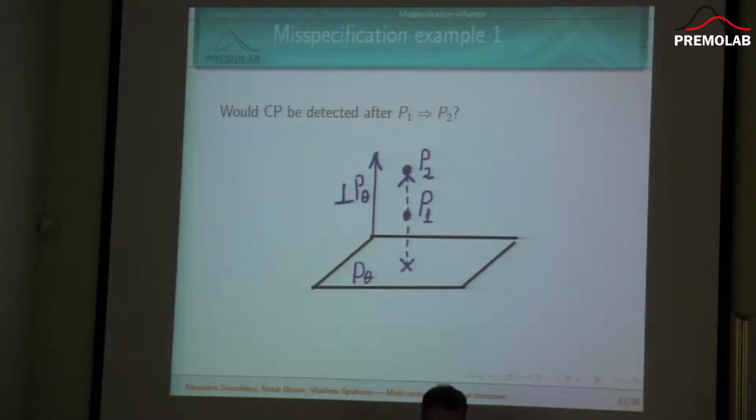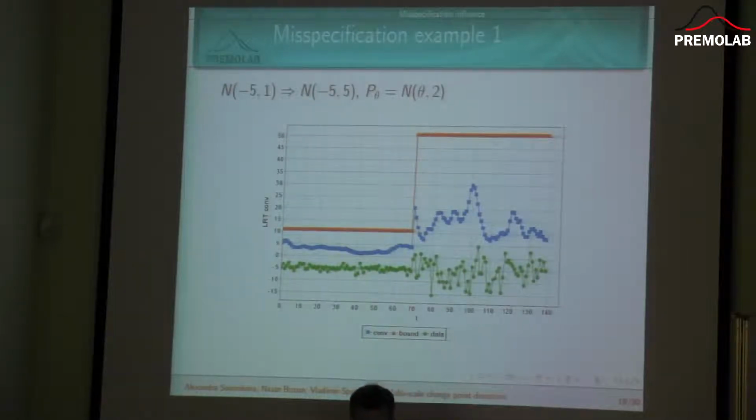As an example, consider the model where our parametric model is normal with fixed variance, and the mean is our parameter. The real distribution is changed from variance equal to 0 to variance equal to 5.